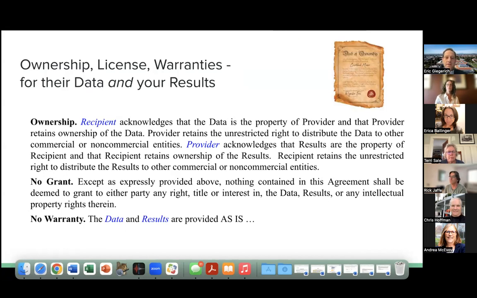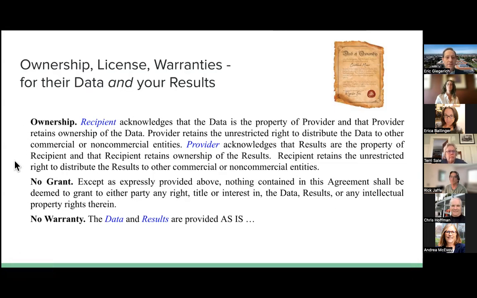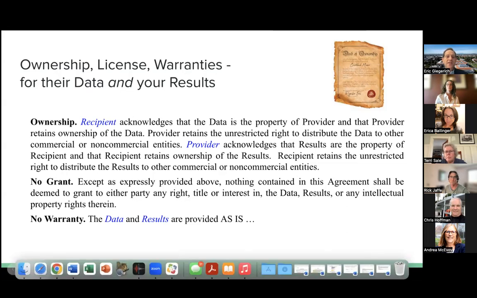So sometimes I will craft a paragraph like this with ownership, where we say the recipient, that's us, the university, acknowledges that the Data with a capital D is the property of the provider, right? If the provider's giving us their data, we're not going to make an ownership claim to their data. They're giving it to us. It's theirs, no contest. And they retain a right to use it however they're going to use it.